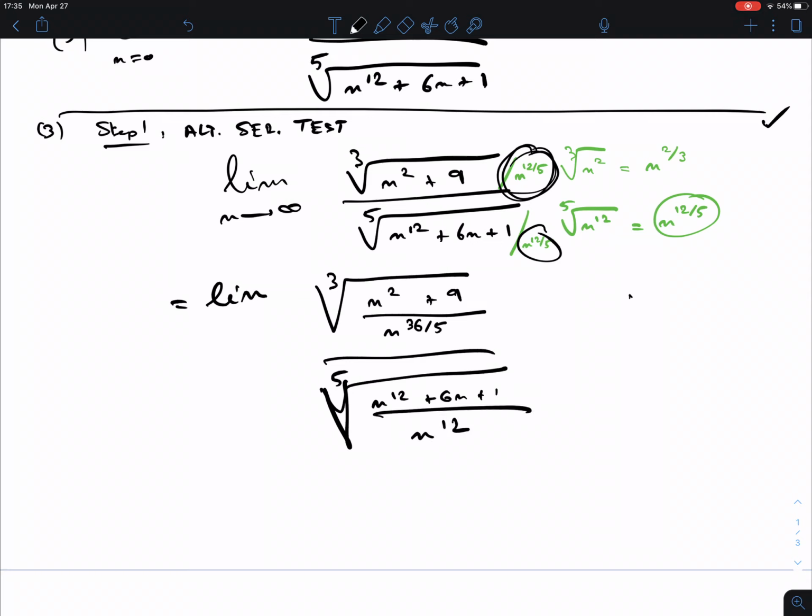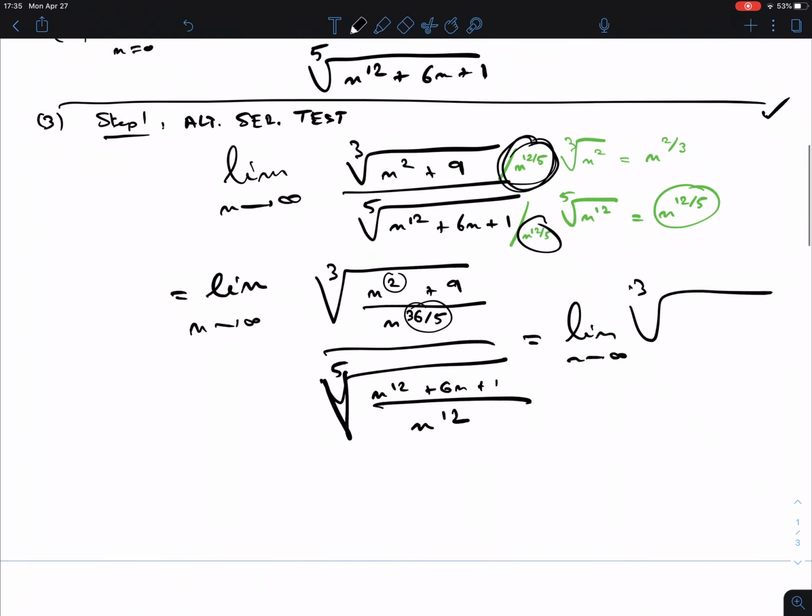Okay. Let's see what we get here. What are our powers? We always look at the highest power. Well, sorry, I mean to say we always write it as reciprocals now. Here this is 2 and this is 36/5, which is way bigger. So the whole thing is 1 over n to the power 36/5 minus 2.